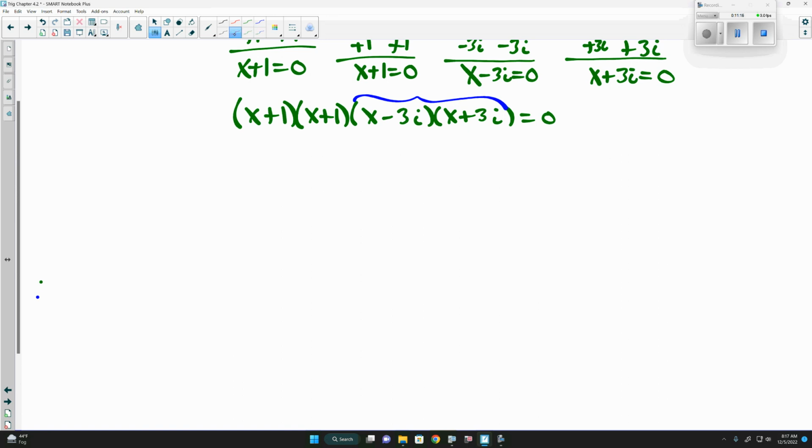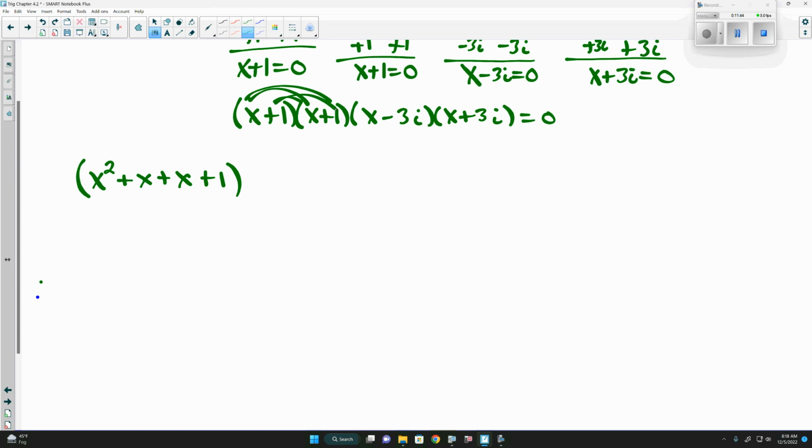There's nothing saying that we can't also multiply these two together as well. We don't have to do just one at a time. So going from left to right, well, we could start off with this here. X times x is going to be x squared. X times 1 is going to be plus x. 1 times x is going to be plus x, and 1 times 1 is 1.